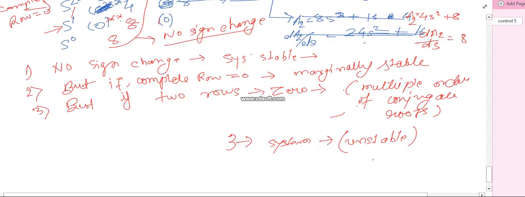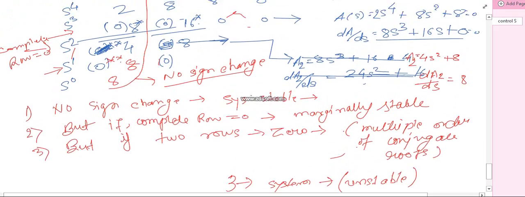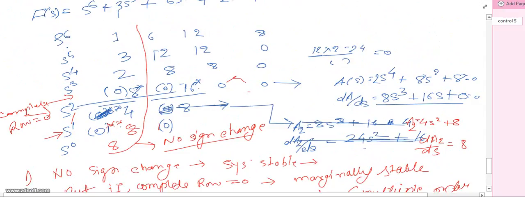So this is quite a classic example. On the first hand, the system could have been marginally stable since there was no sign change in the first column. However, what you see, there was a complete zero row two times, once here and the next time here.